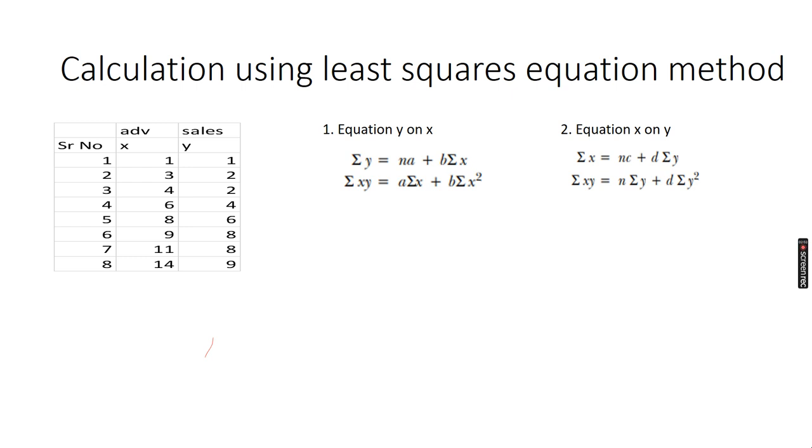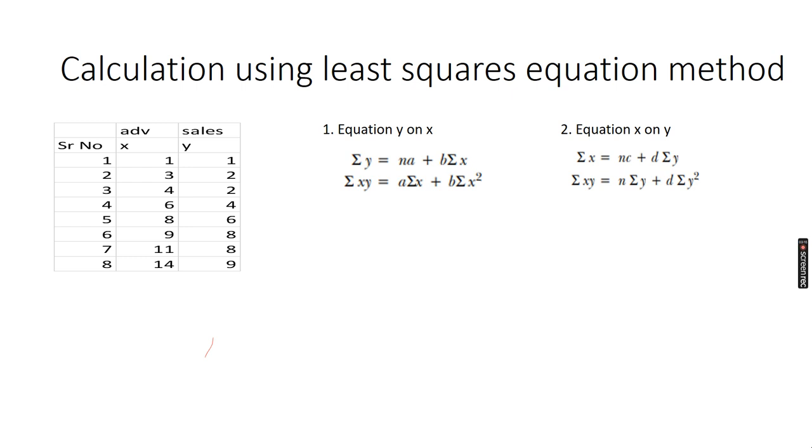N stands for the number of observations, A stands for the constant, plus B stands for the regression coefficient, and summation x. Summation xy is the product of x and y. Again, A summation x plus B summation x square. The mirror opposite would be for the equation x on y.